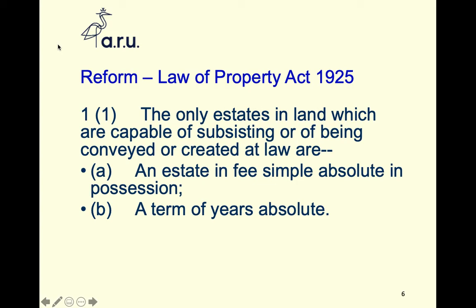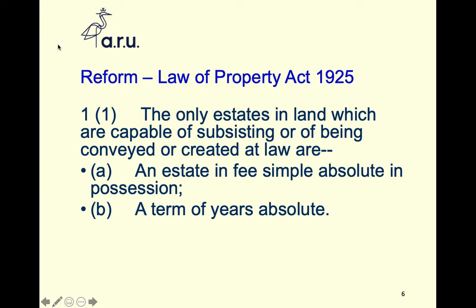I'm going to talk to you about it now, but we will always be bringing this down to understandable language, which you can then look at the legislation for. So intrinsically, those two things that you're looking for would be what we would recognize as an owner, the freeholder, and the second one would be a tenant, a term of years absolute.